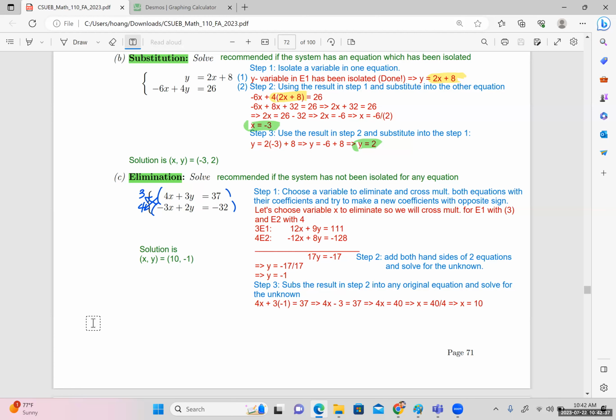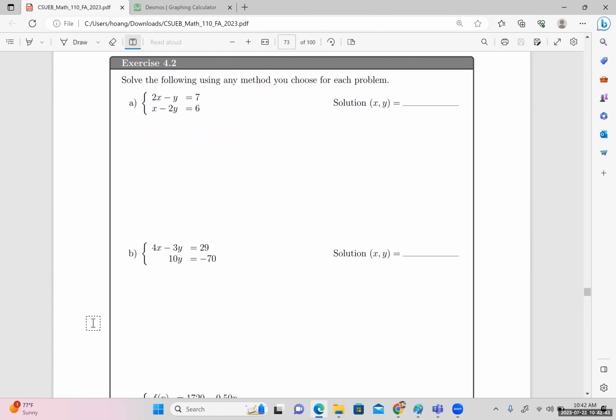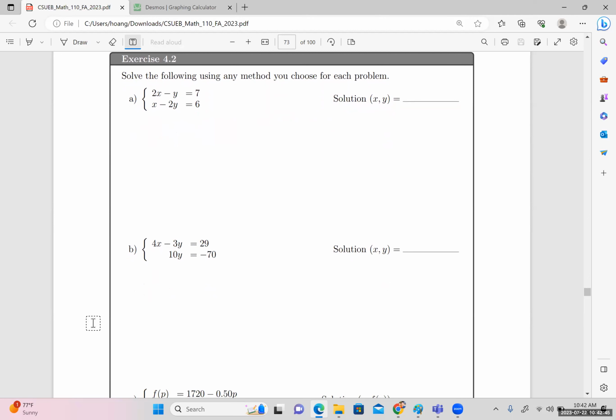Now I'm gonna go ahead and move down. Okay, so this I will let you guys practice. For the answer key of the solution, it's going to be 5 over 3, no, 1 over 3, comma negative 5 over 3 for the first one.